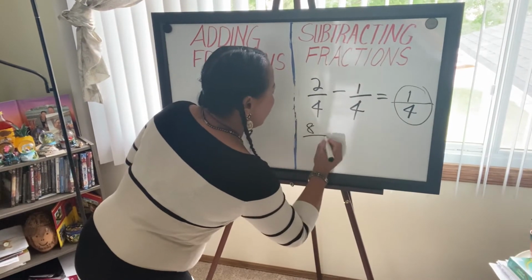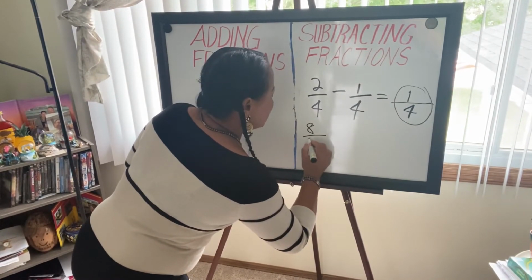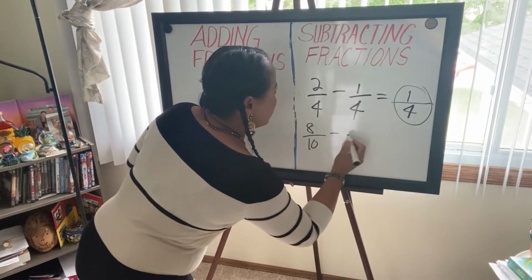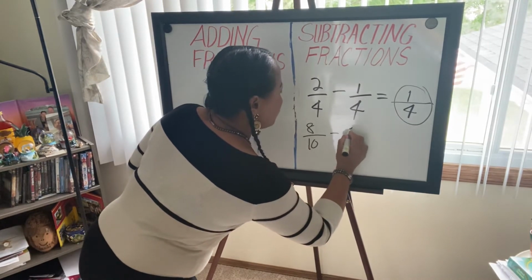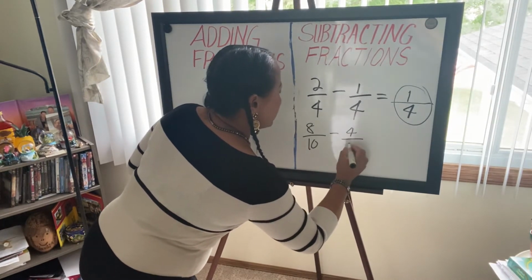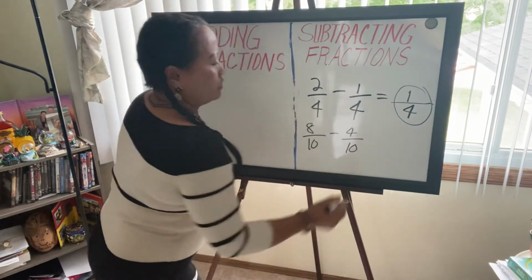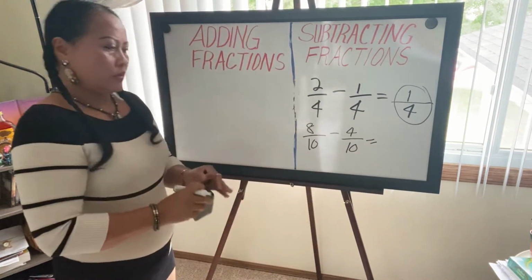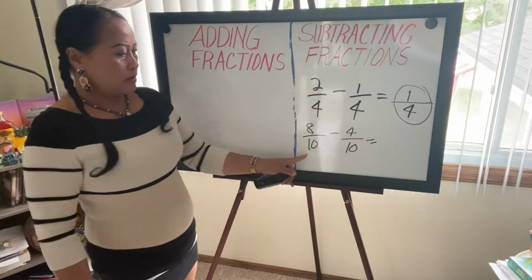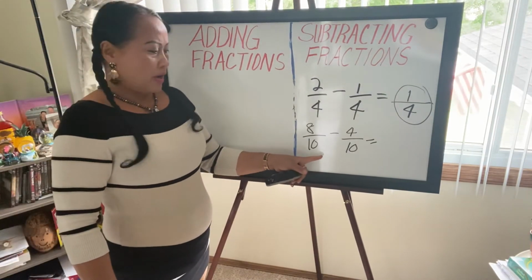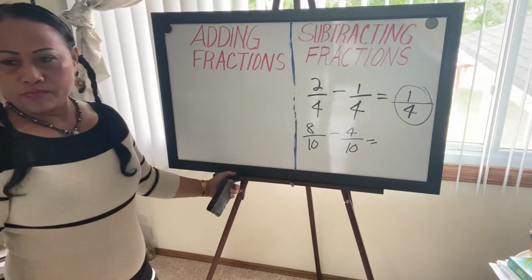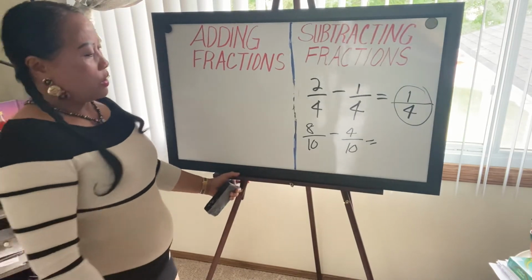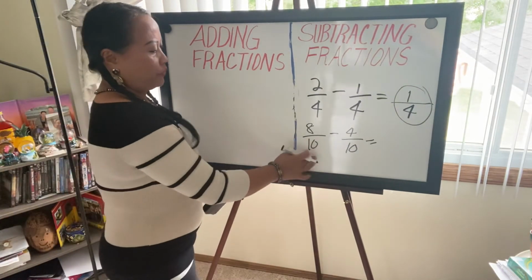8 over 10 minus 4 over 10. Okay. Look at the denominators. Are they the same, class? Okay, they are the same.